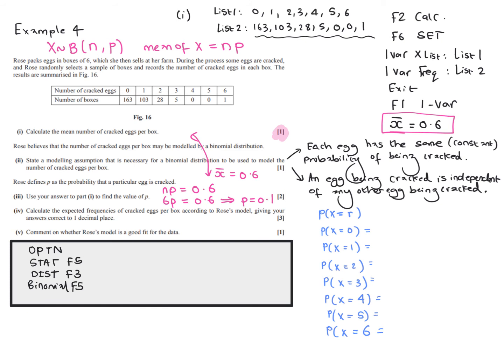Now, having selected that, I need to choose BPD, which is binomial probability distribution, which is F1. And then the calculator will come up with the words binomial PD and then an open bracket. Now, in the open bracket, I'm going to enter the value of n, which is 6, because there are up to 6 eggs in a box that could be cracked, and then the p-value, which is 0.1, and I need to separate them using the comma button as well.